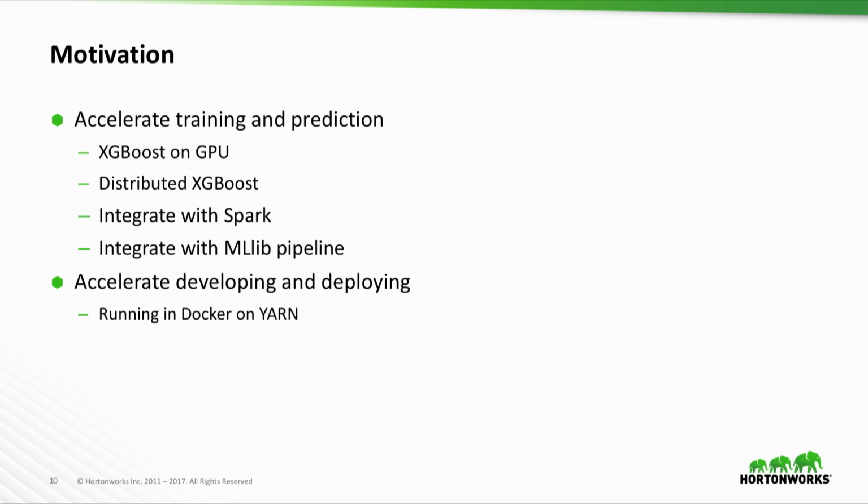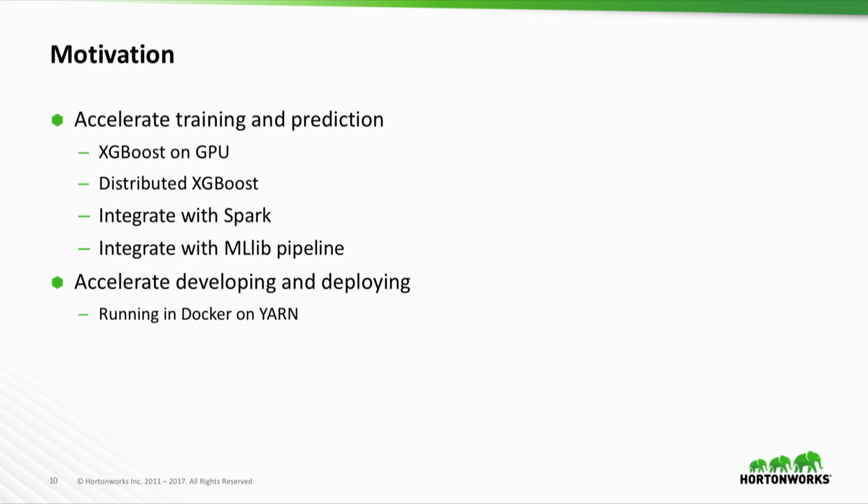Because XGBoost has already supported running distributed, not tied to Spark. And then we will integrate XGBoost with Spark. We will see some benefits, and then integrate it with the Spark ML pipeline to do cross-validation or hyperparameter tuning.